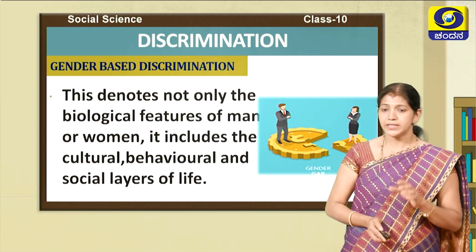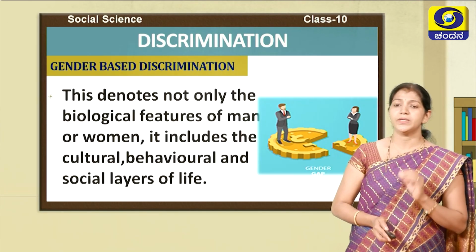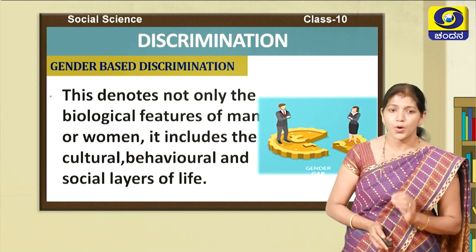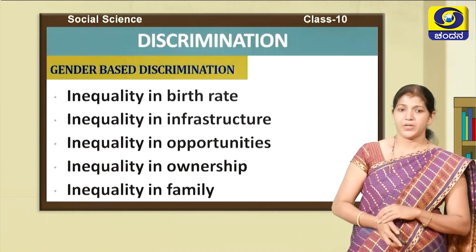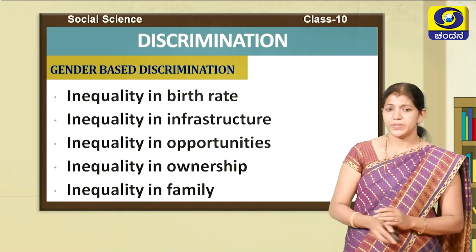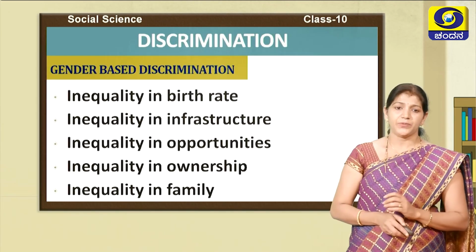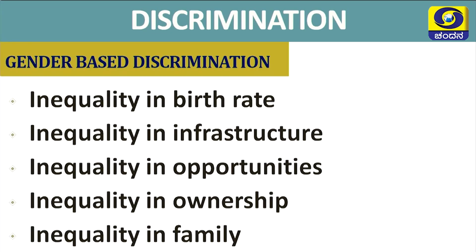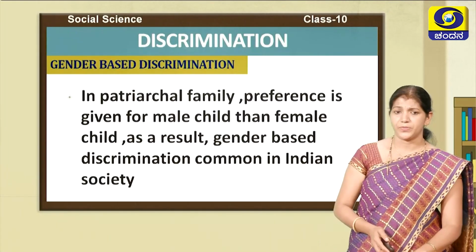So, gender based discrimination is also one of the most important problems of our country. What type of discrimination? It creates inequality in birth rate, inequality in infrastructure, inequality in opportunities, inequality in ownership, inequality in family. These are the different types of inequalities in gender based discrimination.